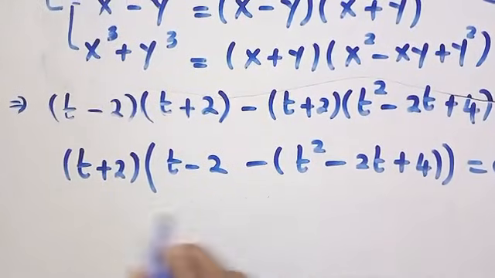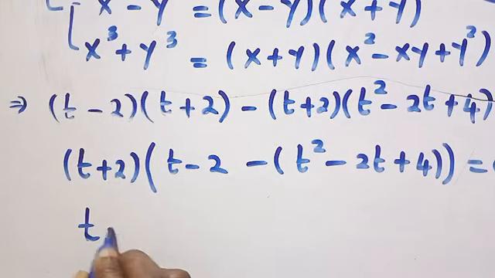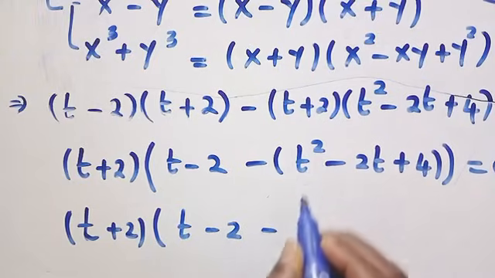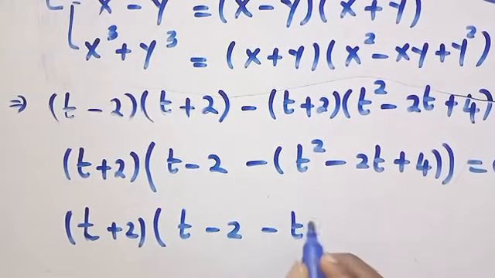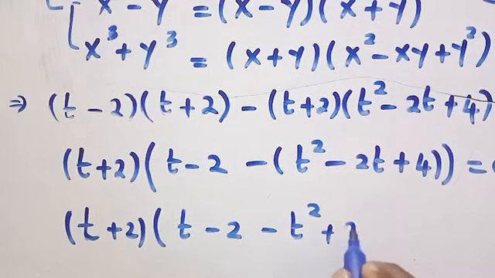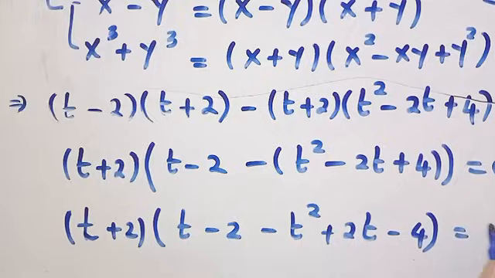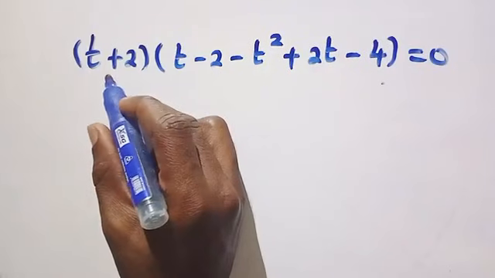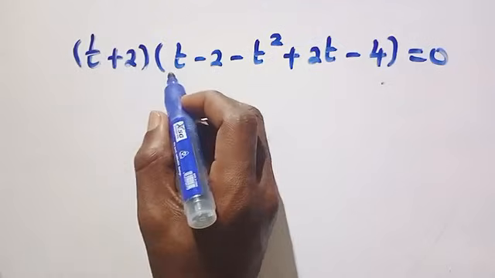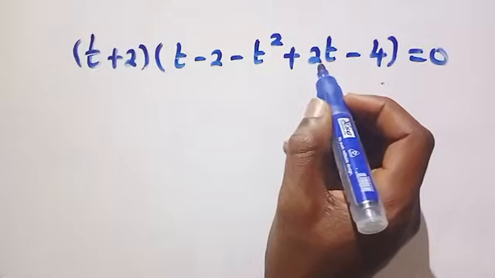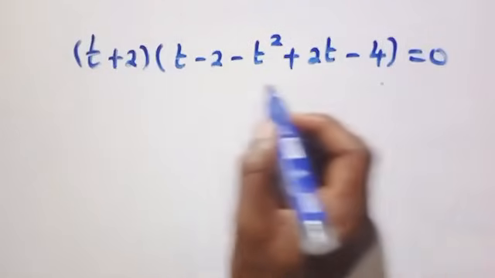Then by rearranging this, we have t plus 2 bracket, here is t minus 2, open this with negative, we have minus t squared plus 2t minus 4 equals 0. So we have t plus 2 multiplied by t minus 2 minus t squared plus 2t minus 4 equals 0.